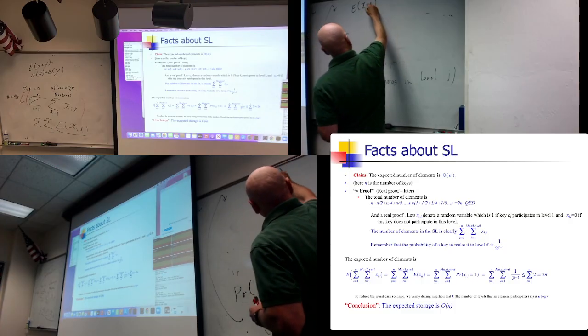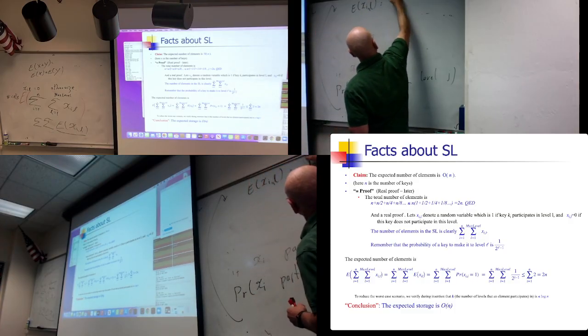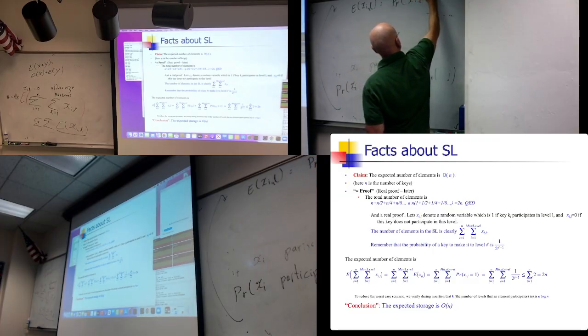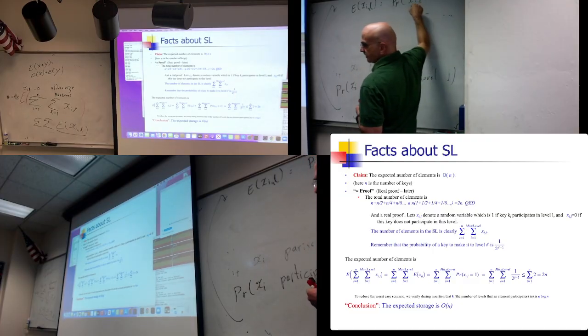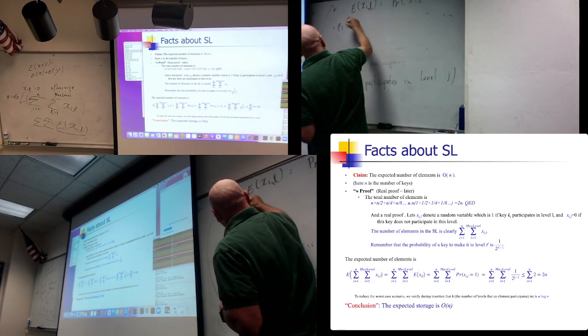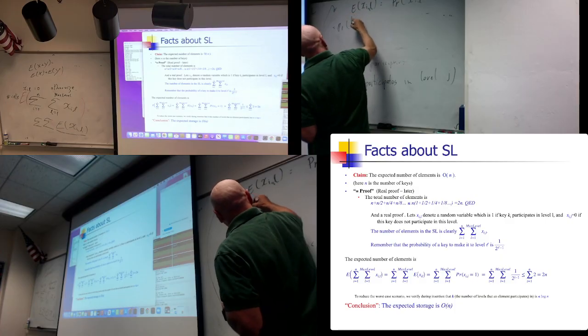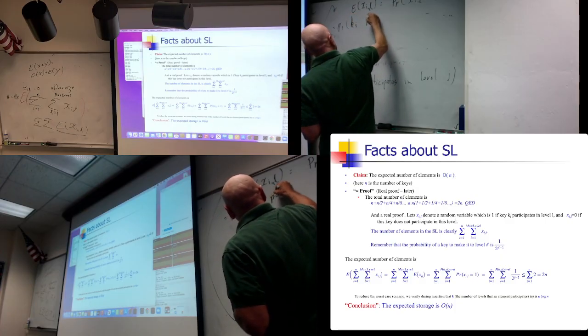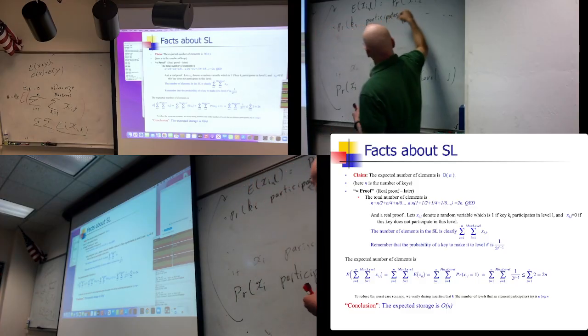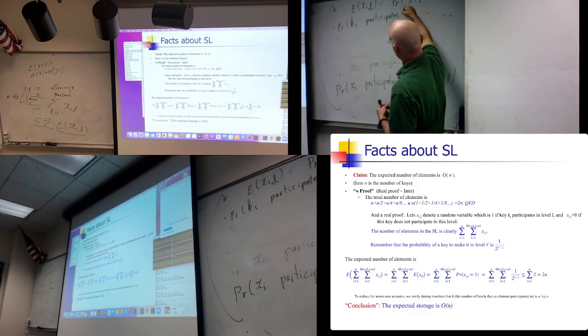E of x_{i,L} is nothing but the probability that x_{i,L} equals 1, which, to state it in words, is just the probability that k_i participates, was promoted all the way to level L at least, maybe more.